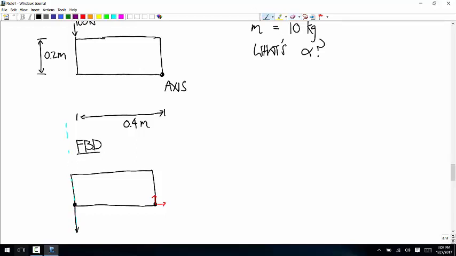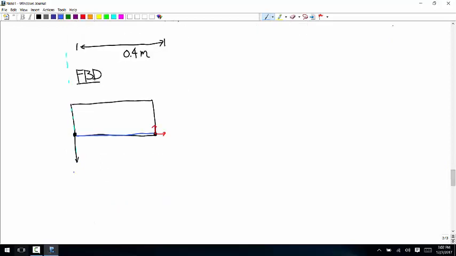And now the line between the axis and the force is perpendicular to the force.